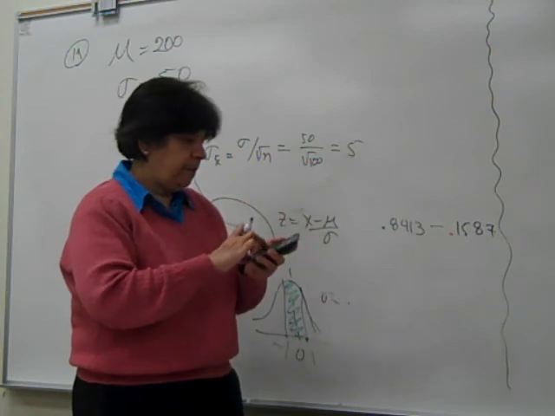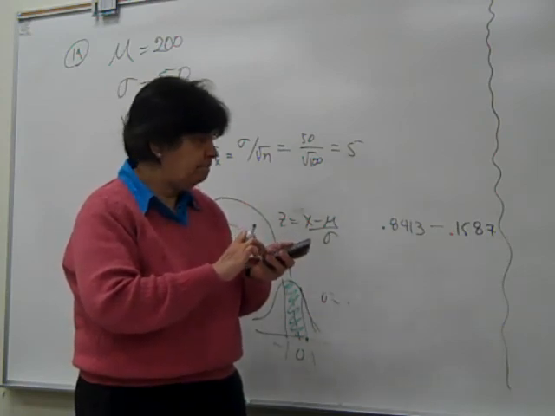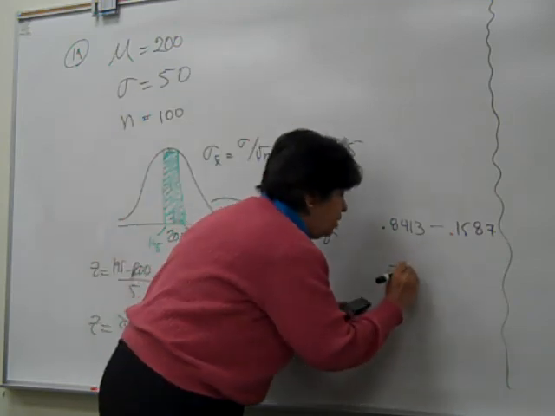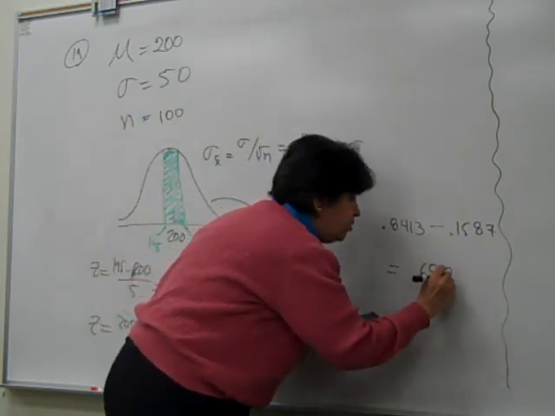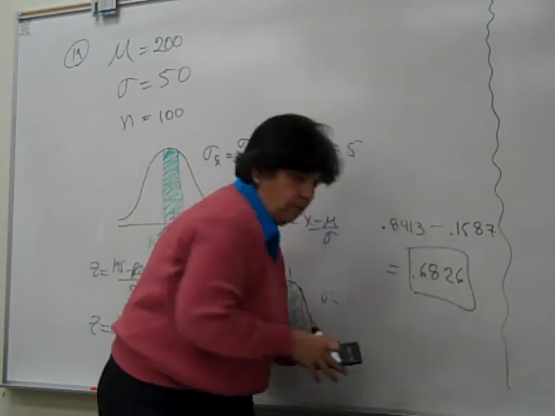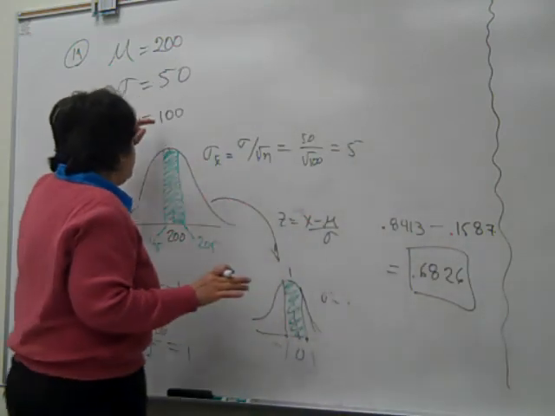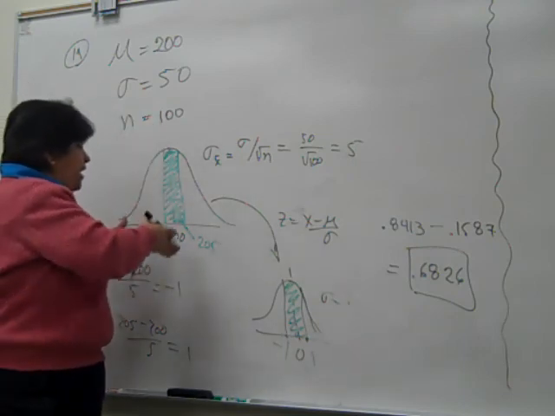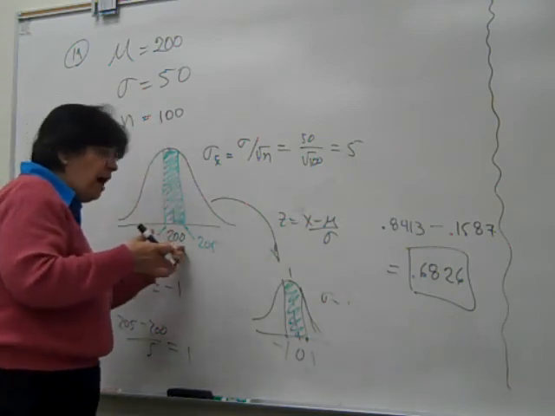If I do that, 0.8413 minus 0.1587 is equal to 0.6826.